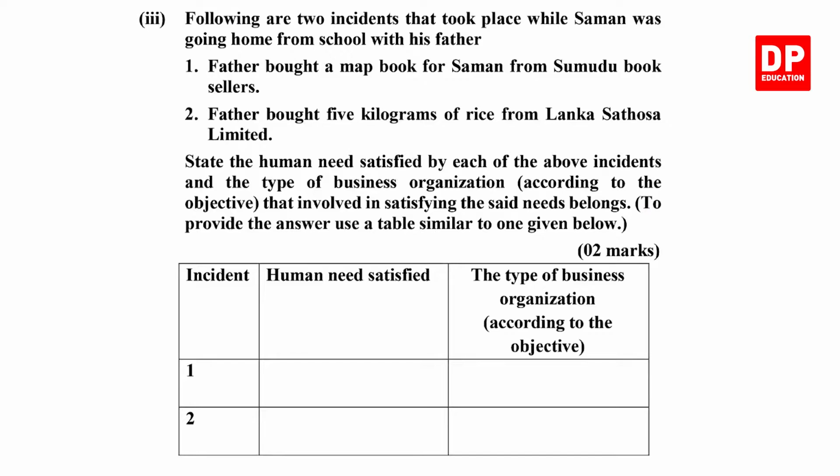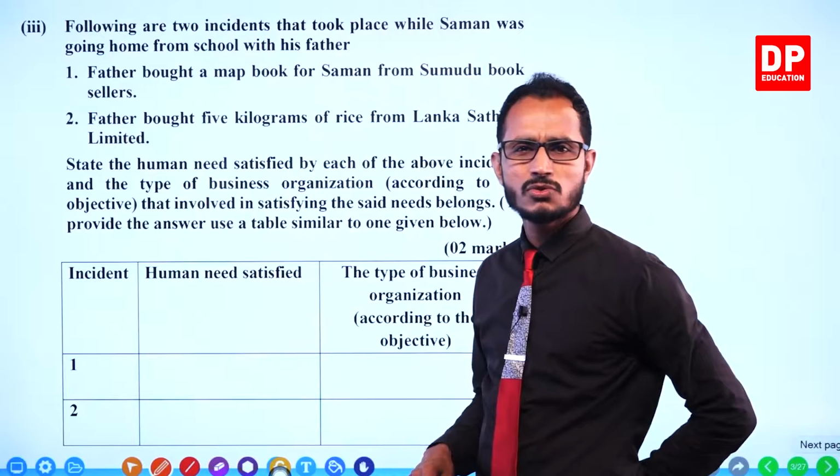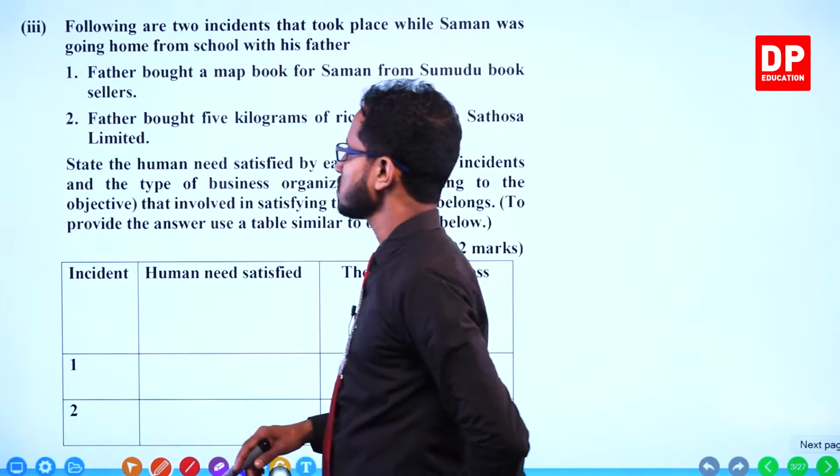Question number 3. Following are 2 incidents that took place while Saman was going home from school with his father. Saman must be a schoolboy, of course.